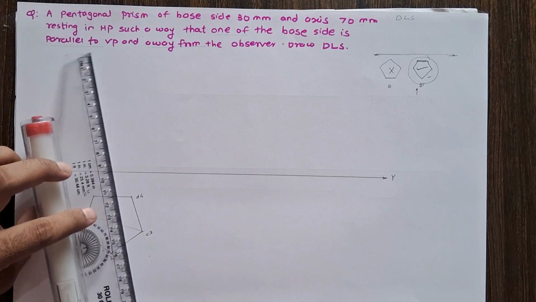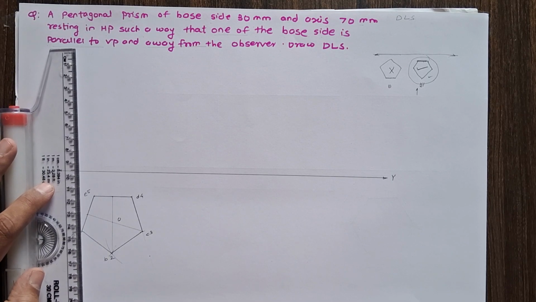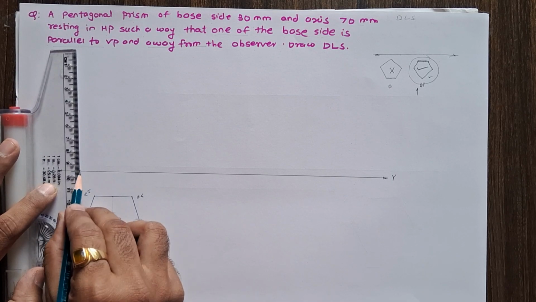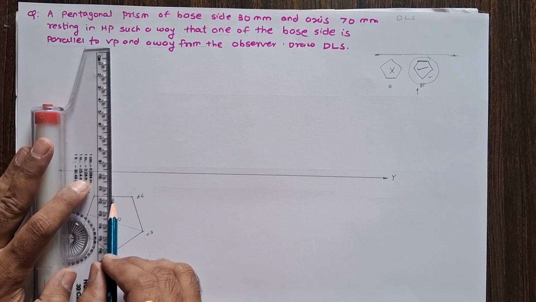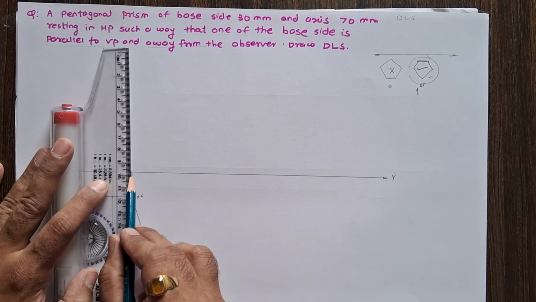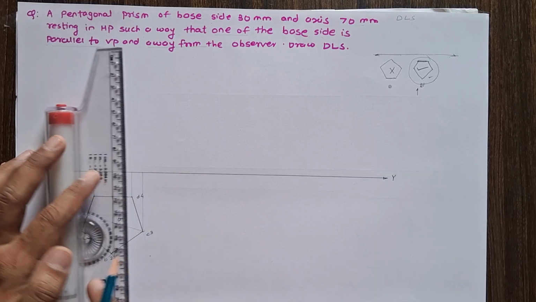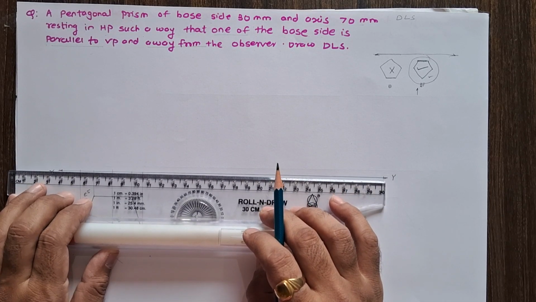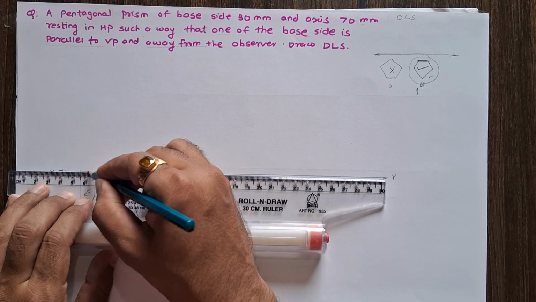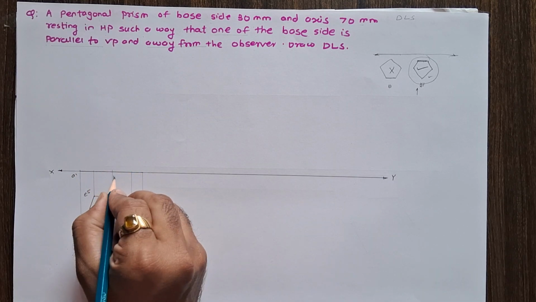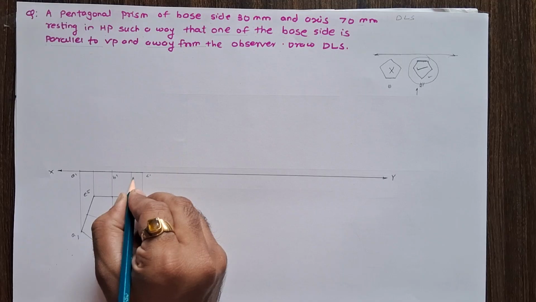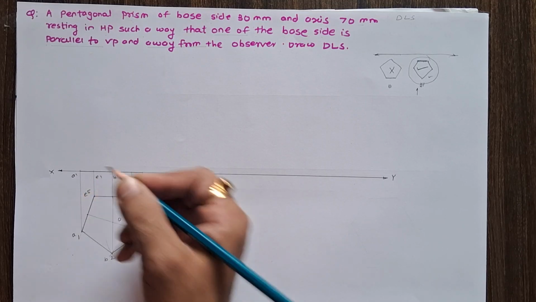Now project all the points on XY. So this is the base of that pentagonal prism. When you give the naming, this is A dash, B dash, C dash, D dash, and E dash.